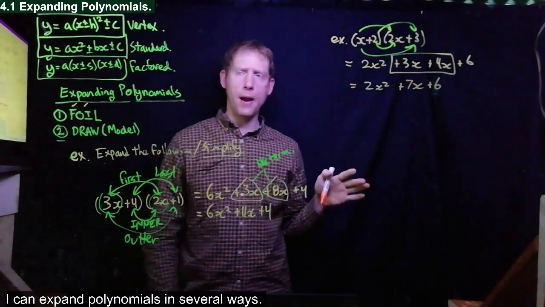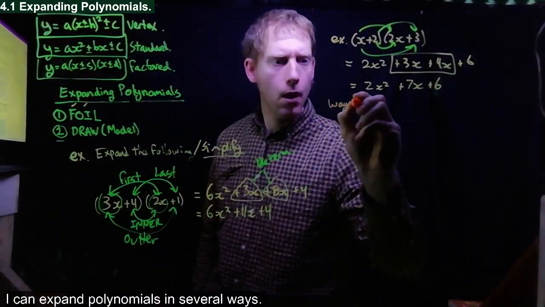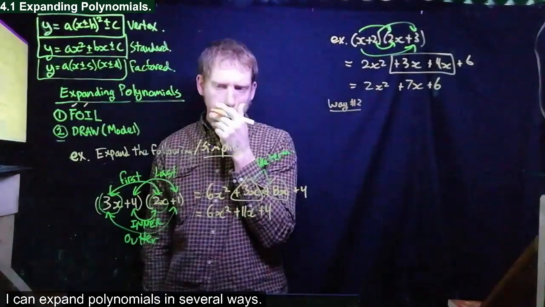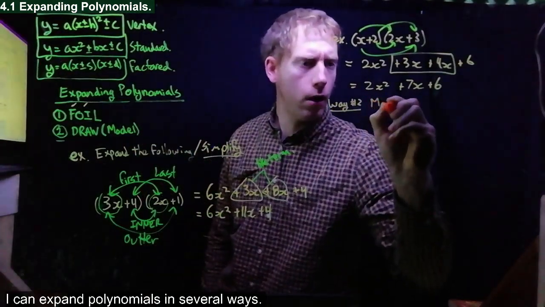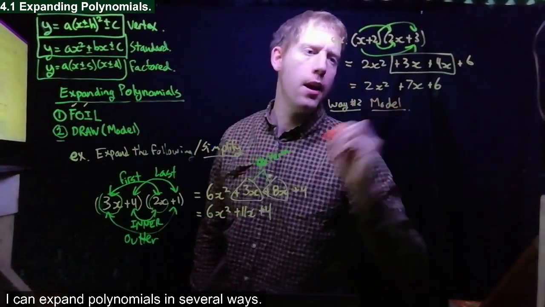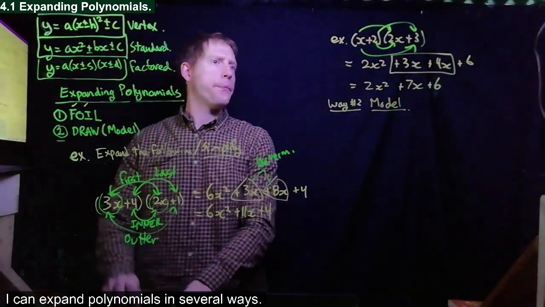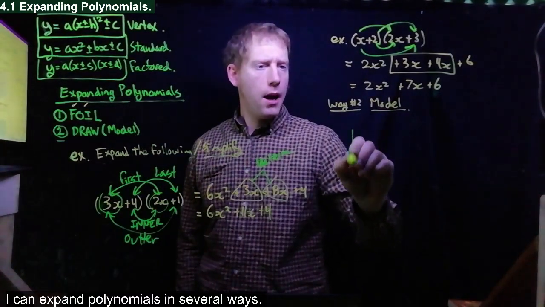Now, there's another way. Way number 2 is we can use a model. We can use a model to draw this using dimensions. Now, in here, the model is more like a box.